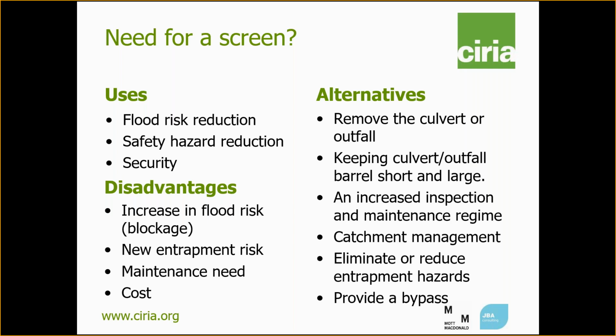Having an increased inspection and maintenance regime, looking at other catchment management measures to reduce debris loads, and looking at eliminating and reducing entrapment hazards within the culvert, such as removal of services and so forth. And then also to provide a bypass so that if the culvert barrel did get blocked or partially blocked, water could find its way around without causing excessive flooding.